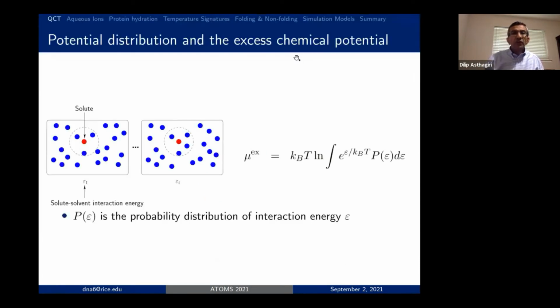First I will give a brief introduction to the theory. Then I'm going to talk about applications. The 2 applications that I'm going to look at are aqueous ions and proteins. There are a lot of intermediate solutes that I'm not going to focus on. Within the context of protein hydration, I'm going to look at temperature effects, and at modeling the thermodynamics of a folding transition.